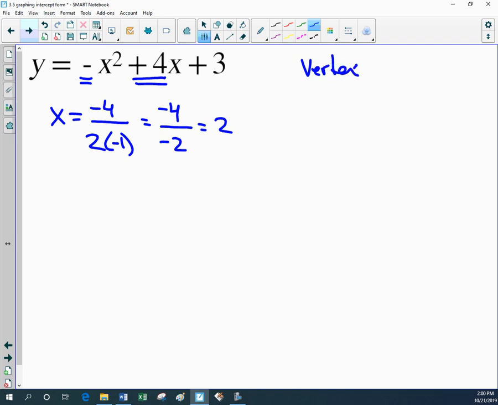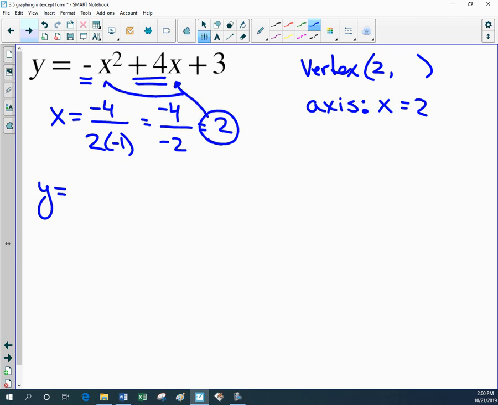That tells us the x-coordinate of the vertex and also the axis of symmetry. So the axis of symmetry would be x equals 2. Okay, once we find x, find y. So we're going to plug this value in for x.